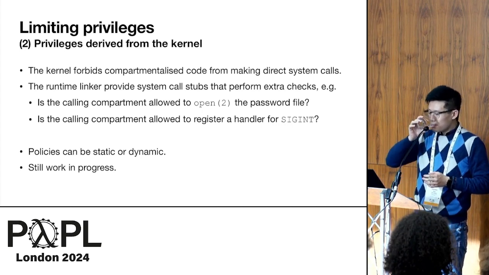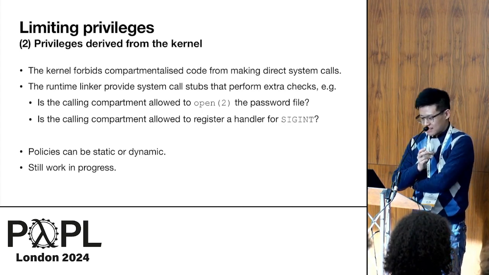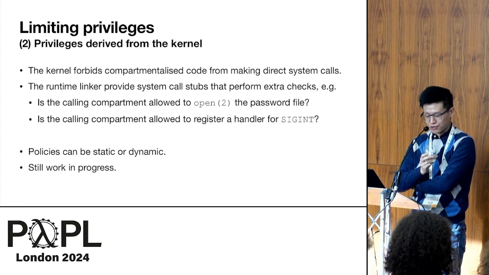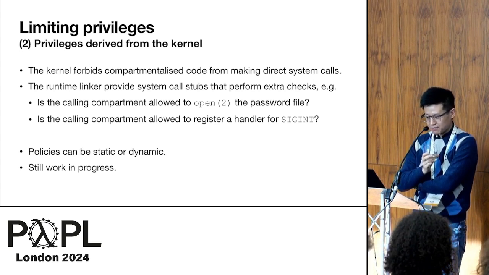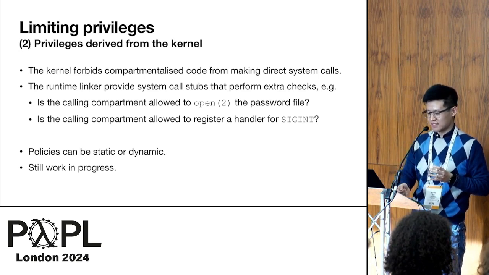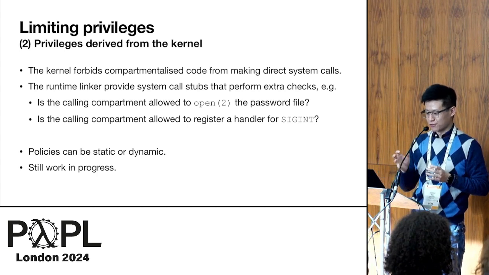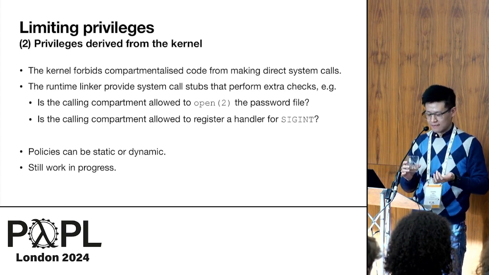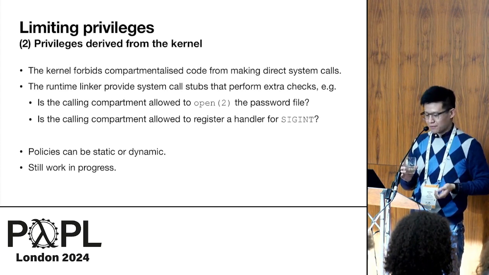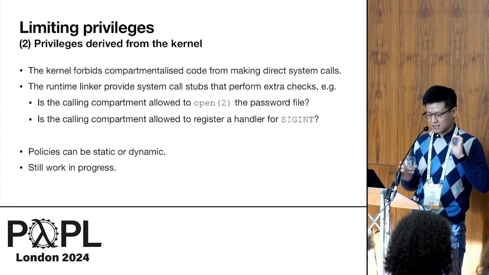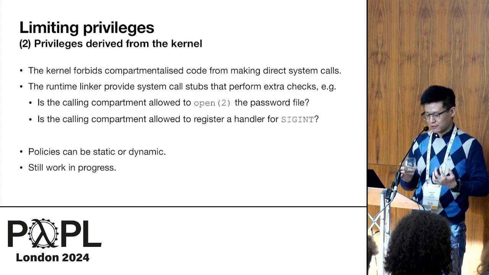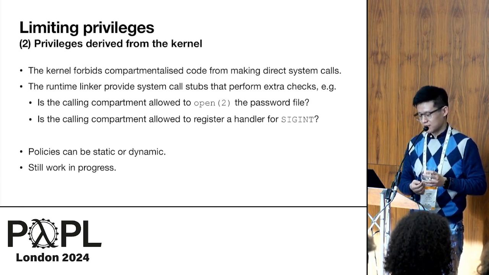Second, what about privileges that you can gain from the kernel? We make the kernel reject any system call that comes directly from compartmentalized code. So you cannot just use a syscall instruction to make a syscall in your client code. You have to call the proper libc syscall interface. We enforce this because if you make system calls via libc, then we can interpose and perform further checks to ensure that your system call is permitted.